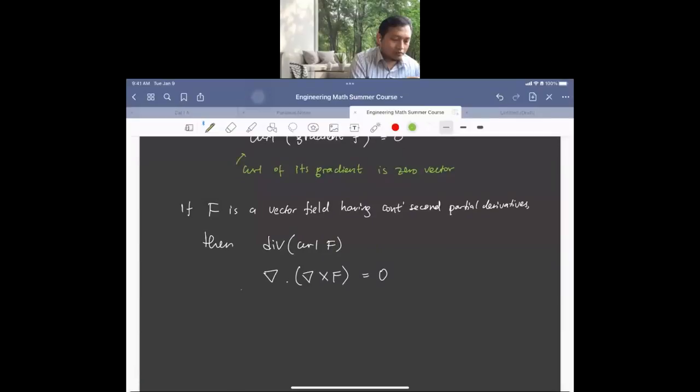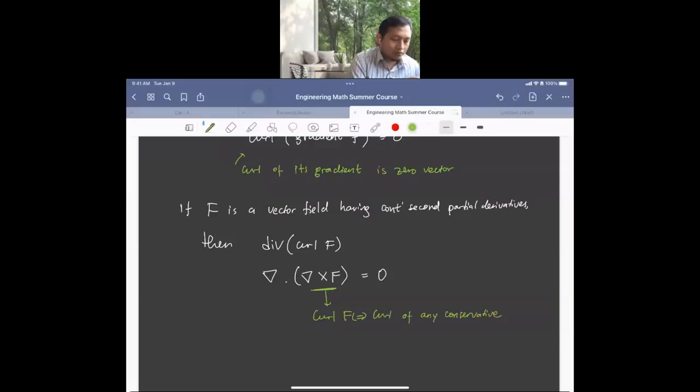So it means that the curl of any conservative vector field is 0.